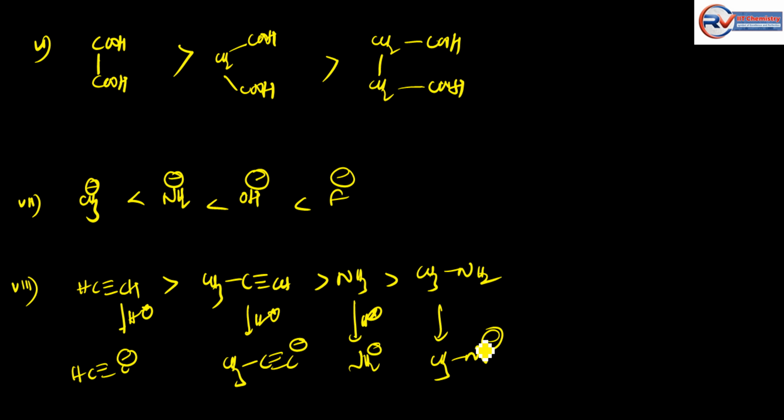In this situation, the negative charge is on a more electronegative atom due to sp hybridization. The sp hybridized carbon is more electronegative, so the anion is most stable, and the corresponding acid is most acidic. Alkyne is more acidic than the other compounds. This is about acidic strength. Let's talk about the basic strength.